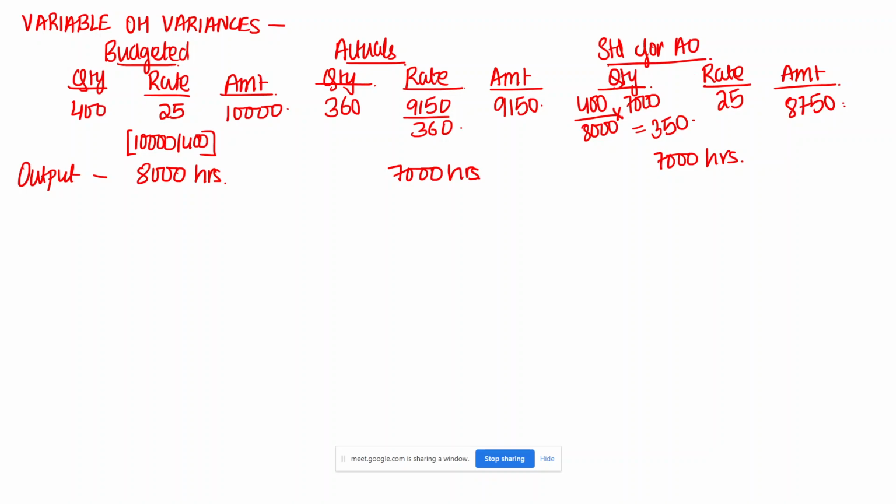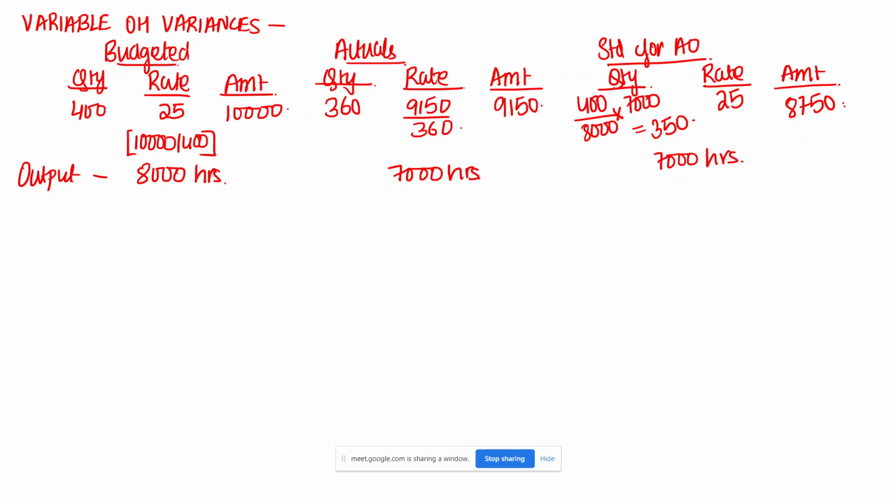See, when we are talking with respect to variable, your variable cost can be on the basis of hours or on the basis of cost. If the question would have specifically told us variable overhead is rupees 25 per unit, then we would have taken units. Or if they would have given per hour, then instead of quantity, I would have written hours.